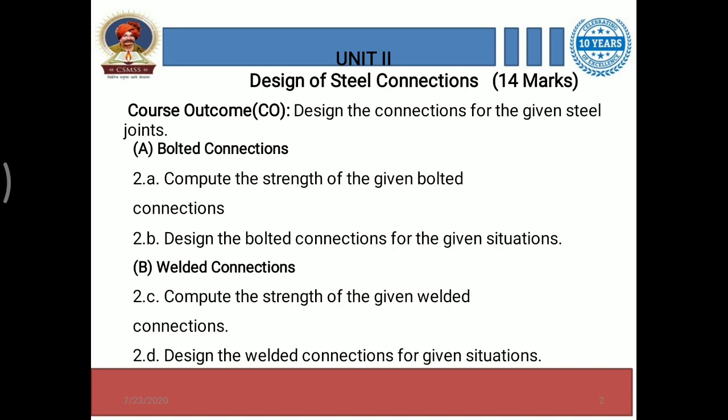The course outcome of this topic is to design the connections for the given steel joints. This topic mainly includes two major parts, bolted connections and welded connections, with unit outcomes you have to remember.